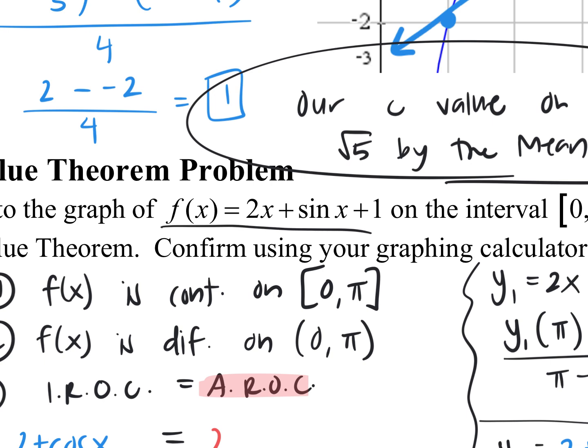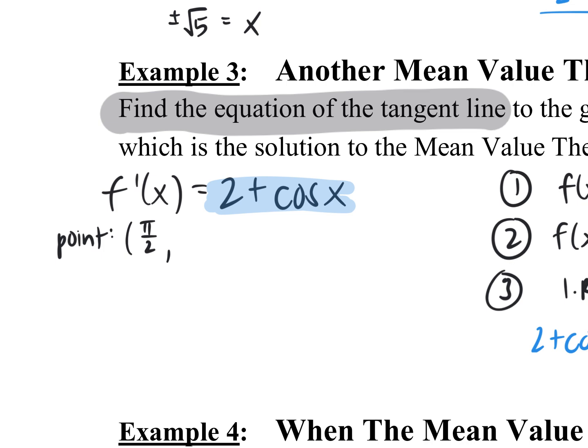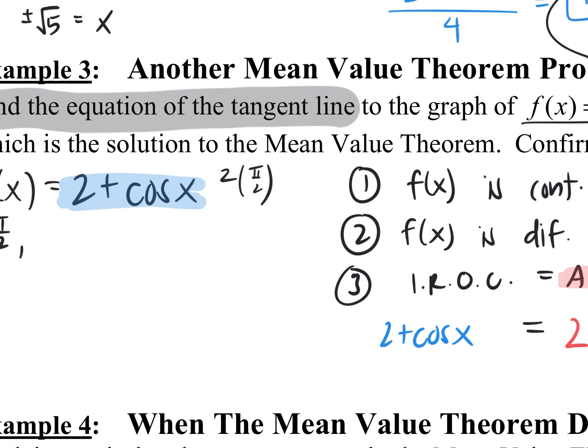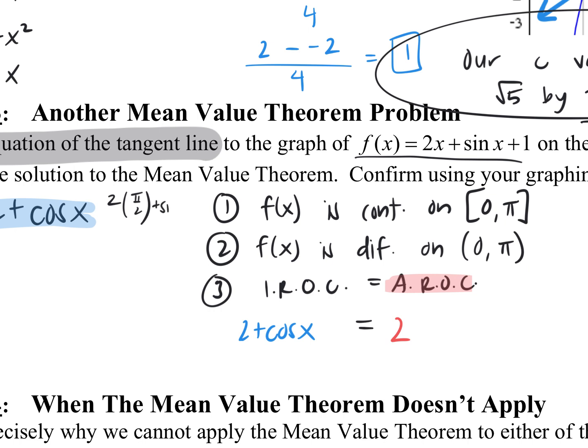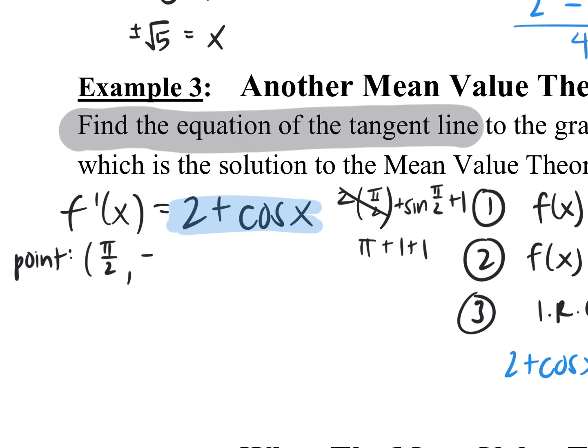If I plug in pi over 2 there, I would get 2 times pi over 2 plus sine of pi over 2 plus 1. Sine of pi over 2 is 1, so that's pi plus 1 plus 1. So my y value is actually pi plus 2. So I've got a point that's on my function. I plug that back into my f of x value, not my derivative.